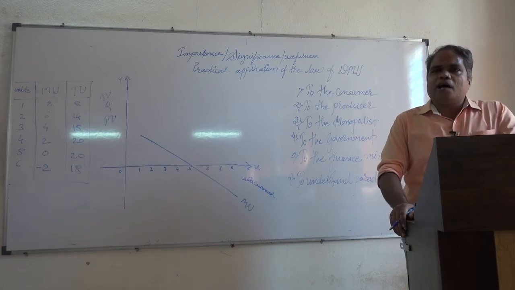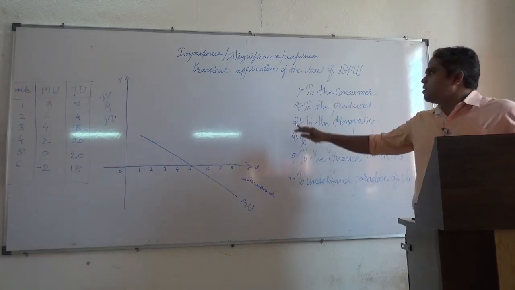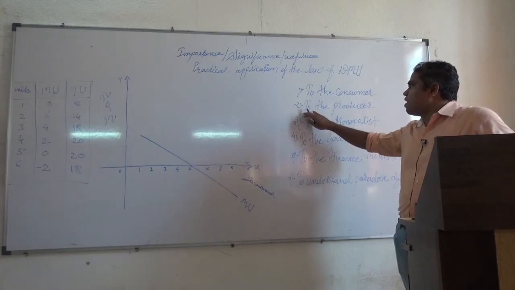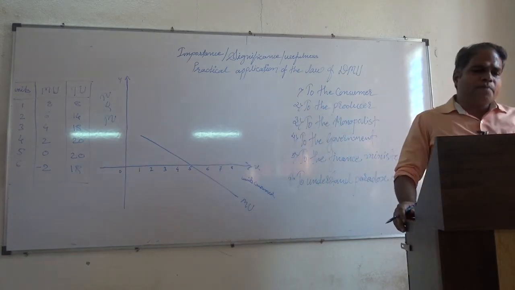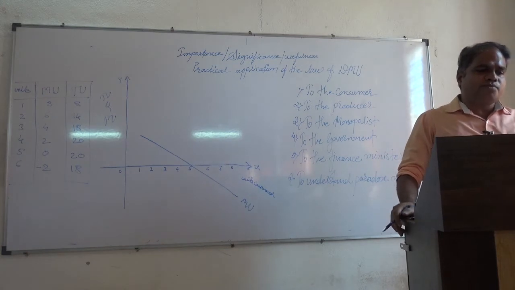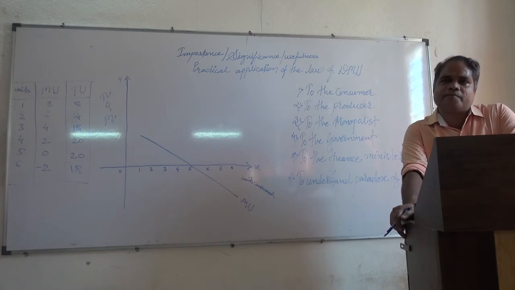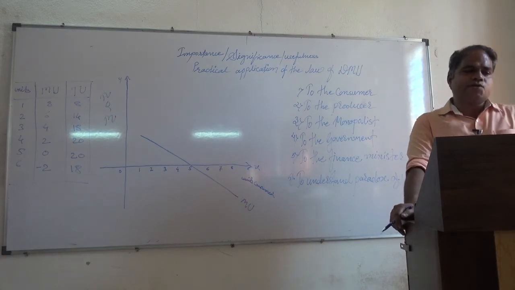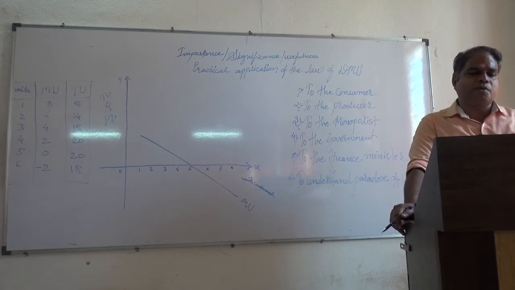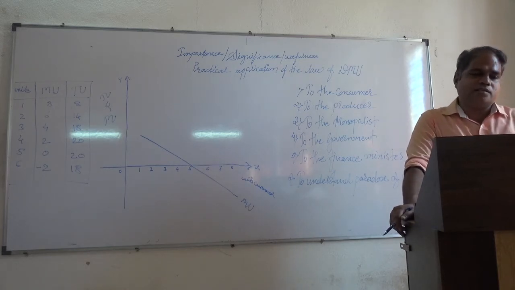It is helpful to the consumer, and the law of diminishing marginal utility is also helpful to the producer in increasing sales and determining the price for the product. The producer reduces the price of the product for the purpose of increasing sales.